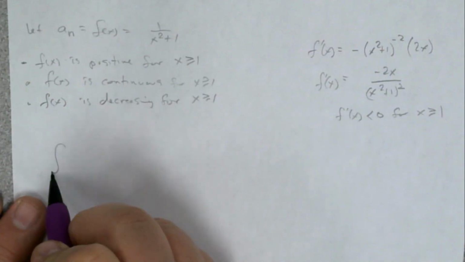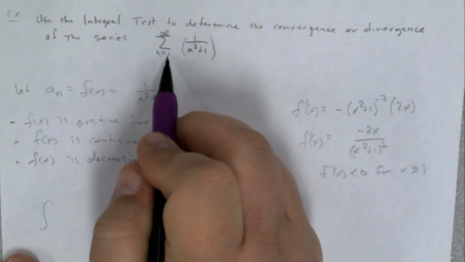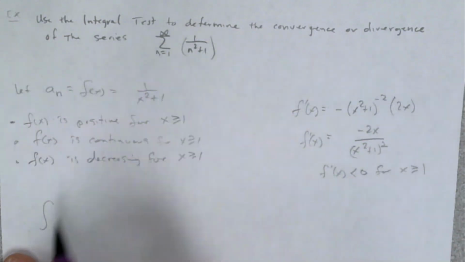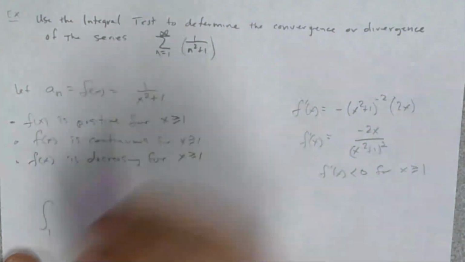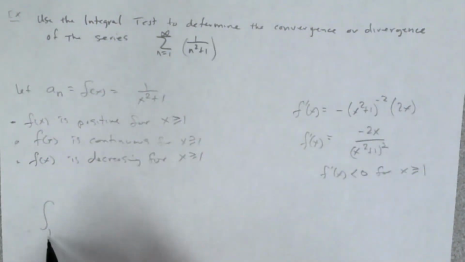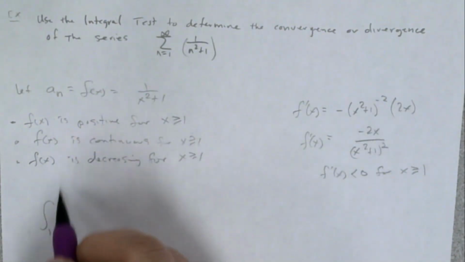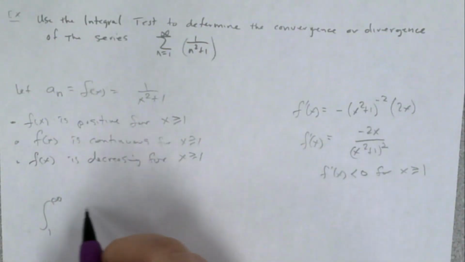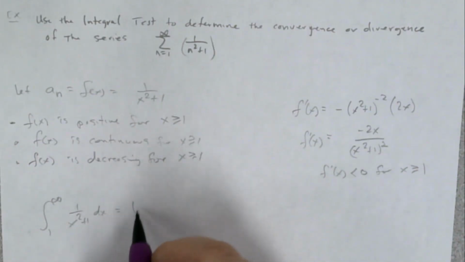So we're going to set up our improper integral. Because this starts at 1, whatever it starts at, that's your lower limit. So if this started at 3, you would put a 3 here. Okay? And so this right here then is the integral from 1 to infinity of 1 over x squared plus 1. And then we go through this process real quickly. I know you guys know how to do it.